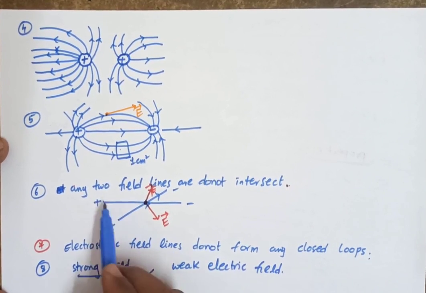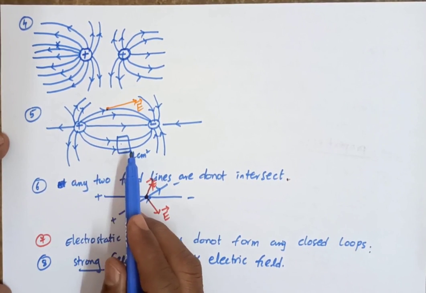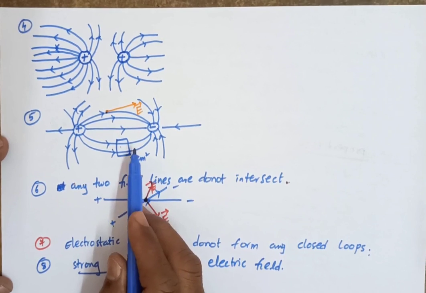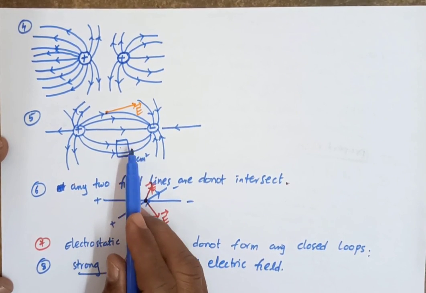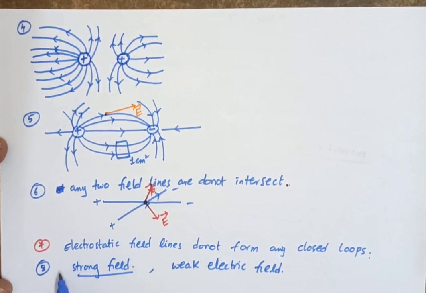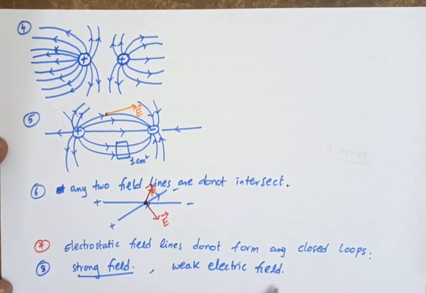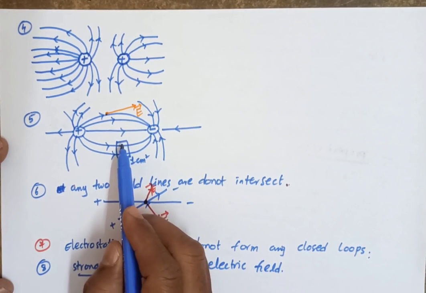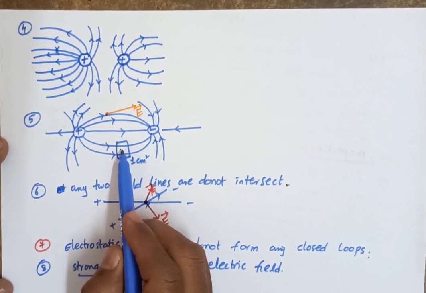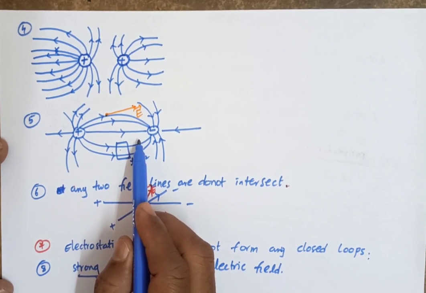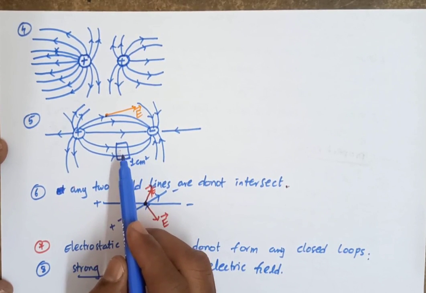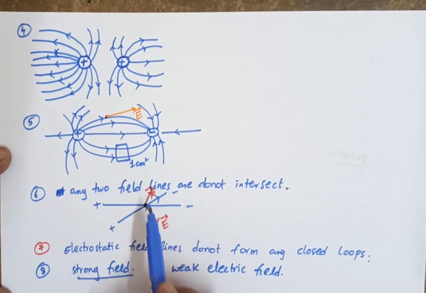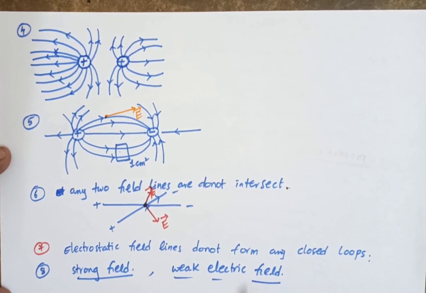So the number of electric field lines passing through the unit area indicates whether it is a strong or a weak electric field.